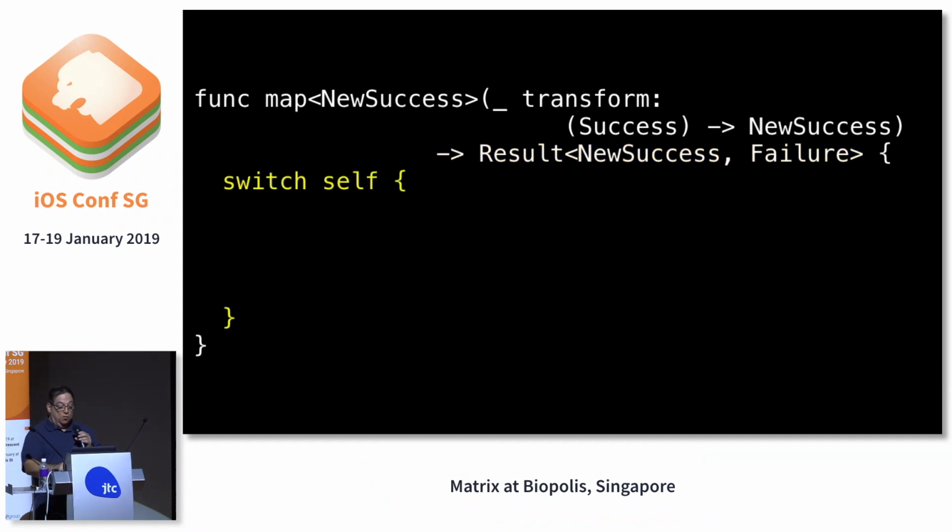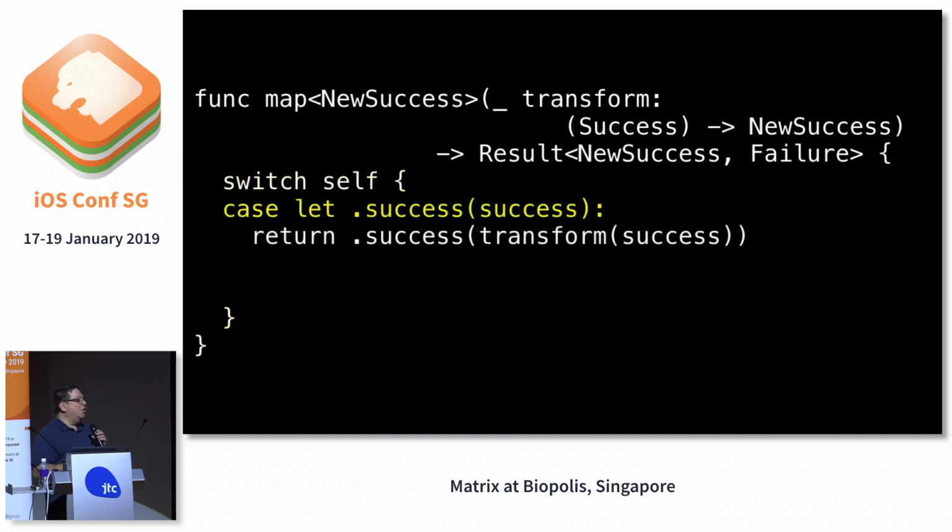So that's what map looks like for result, and I'm going to get it by switching because it's an enum, it's either success or failure, and so if I switch on self, the success case says, okay, look inside of success at the value. It was success of 10. Hold on to that 10, assign it to the variable named success, and we do that with that let binding there, and now use that function that maps a success to a new success, and wrap that back up into success. That's what we're returning.